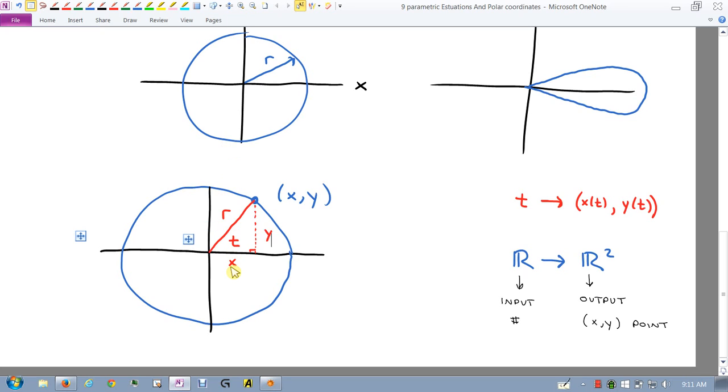Can you write x in terms of r and t? What trig function connects the adjacent side and the hypotenuse to the angle? Cosine, right? So cosine of t equals x over r, so r cosine t is x.